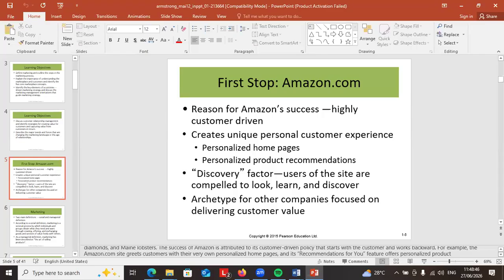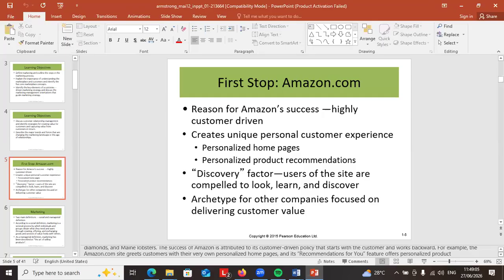They created a unique personal customer experience by introducing personalized home pages and personalized product recommendations. They also adopted a discovery factor where users of the site are compelled to look, learn, and discover for themselves.